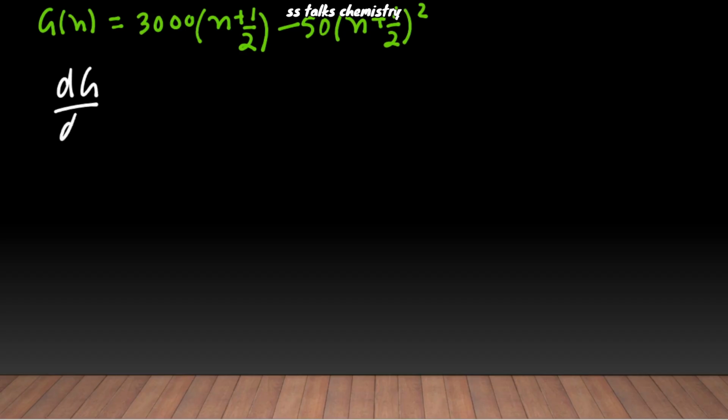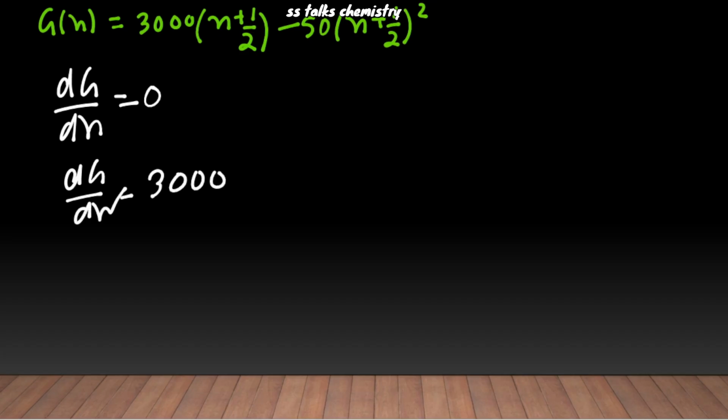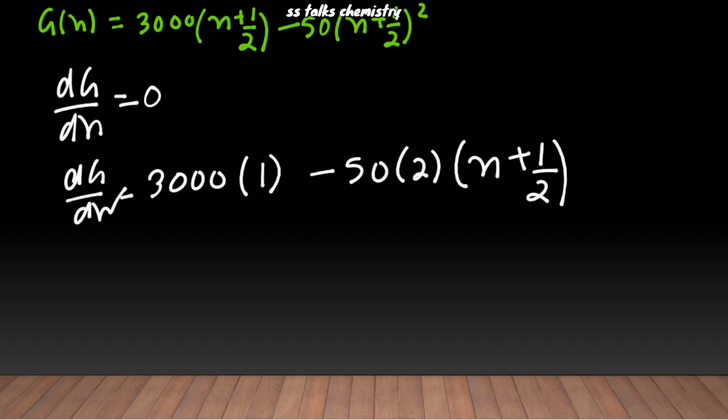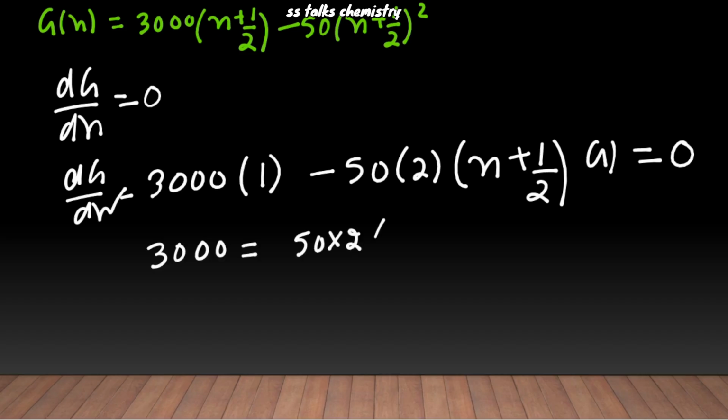So dG by dn equated to 0. dG by dn will be 3000 into, differentiating with respect to n, n gives 1, half is a constant so that becomes 0, minus 50 into 2 times (n plus half) into 1, equal to 0. So from here I get 3000 equal to 50 into 2 into (n plus half). This n that you will be getting will be your n max only.